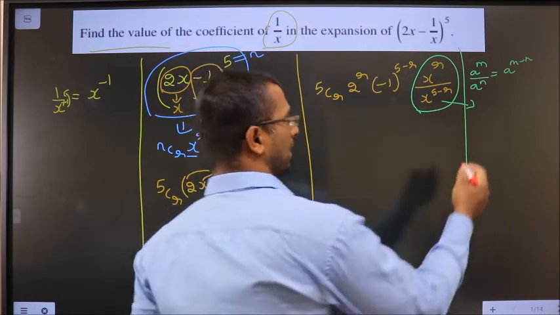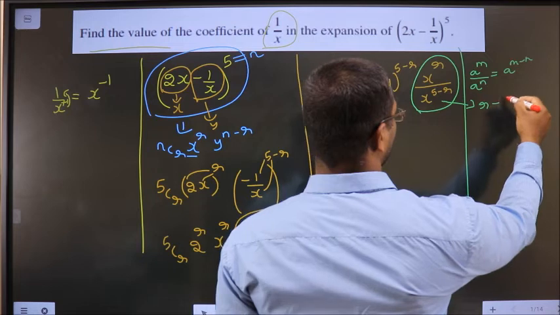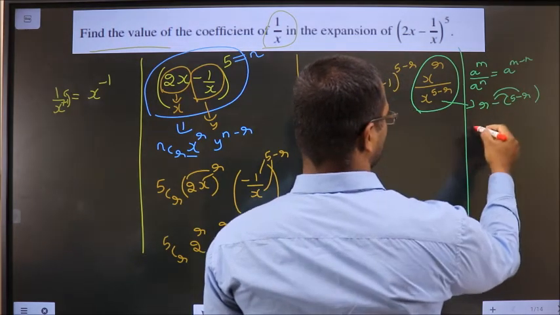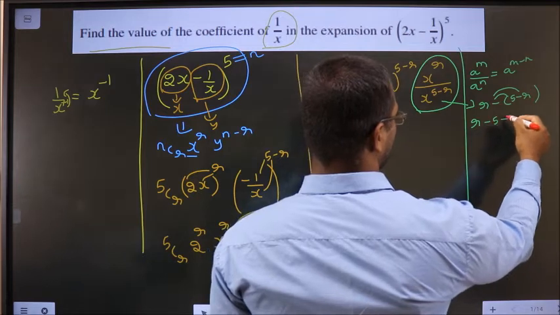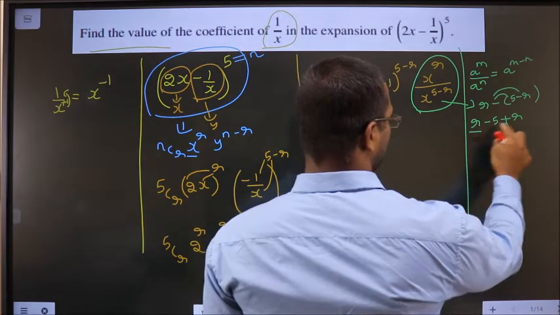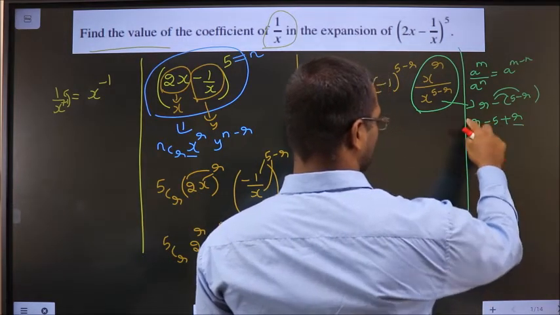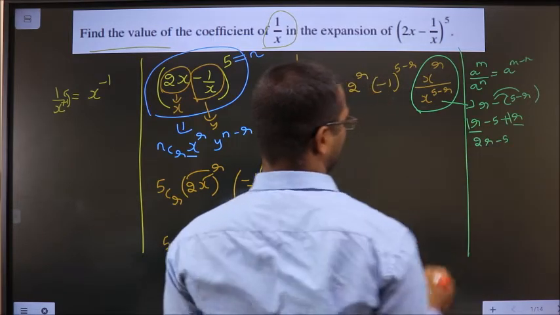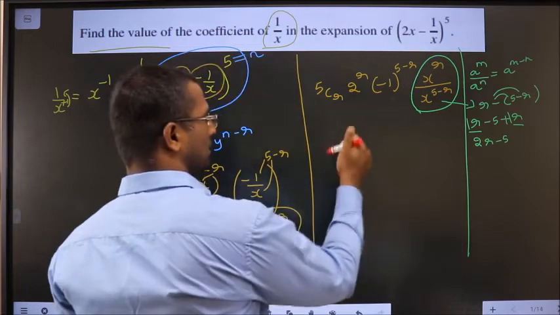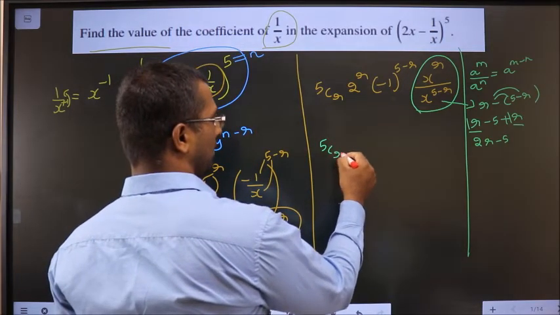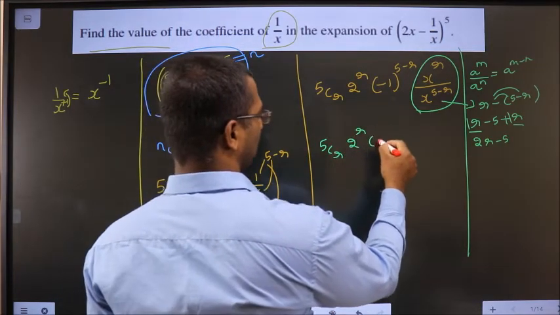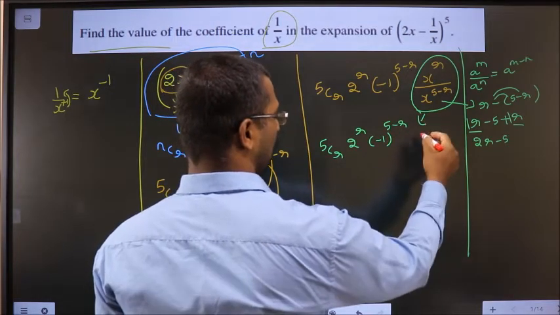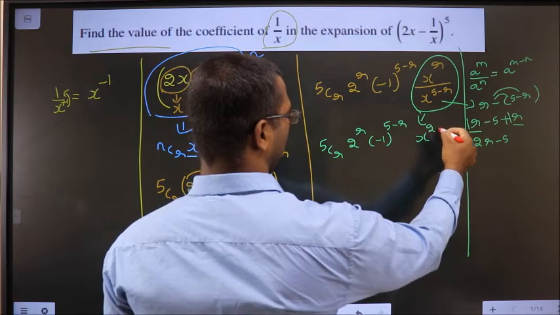If I subtract the powers, what will I get? r minus (5 minus r). Multiply with negative sign, so r minus 5 plus r. These two are like terms, so resulting in 2r minus 5. So this now will change to 5Cr 2 power r minus 1 power 5 minus r. In place of this, I can write x power 2r minus 5.